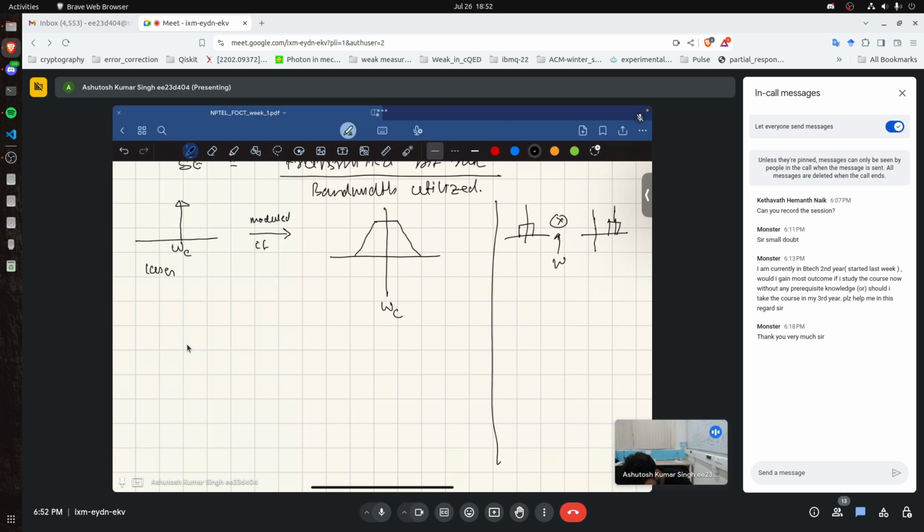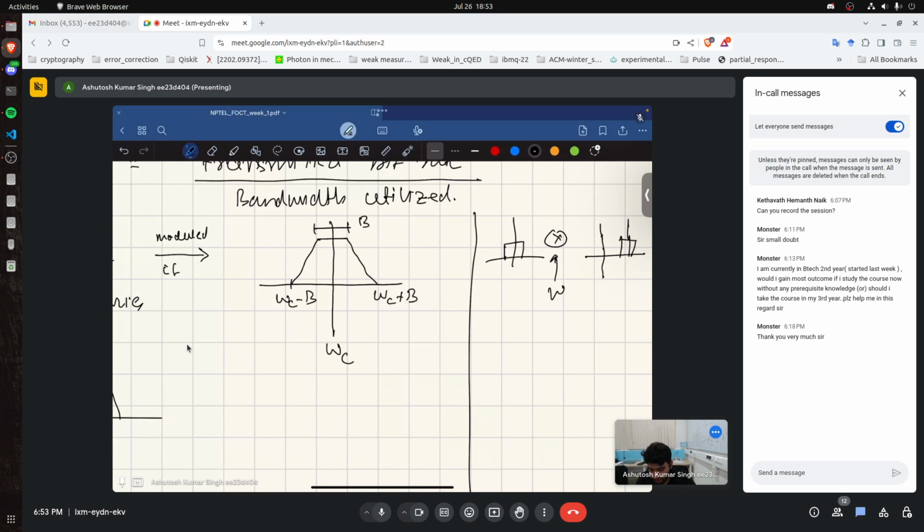Now if my initial signal centered around 0 had a bandwidth b, so it would be b. So this would be omega c plus b and omega c minus b.